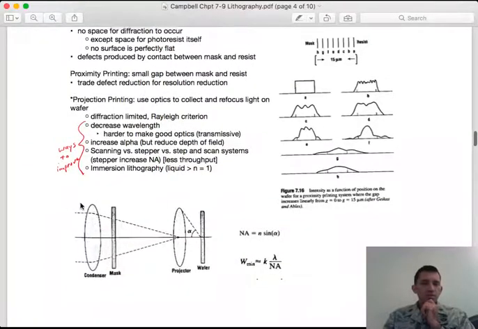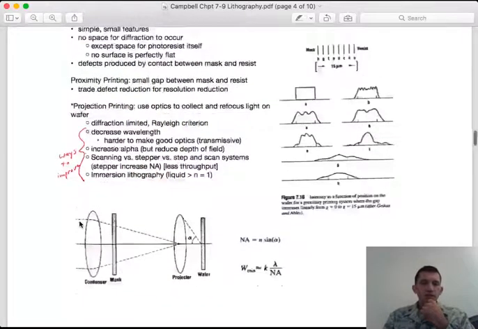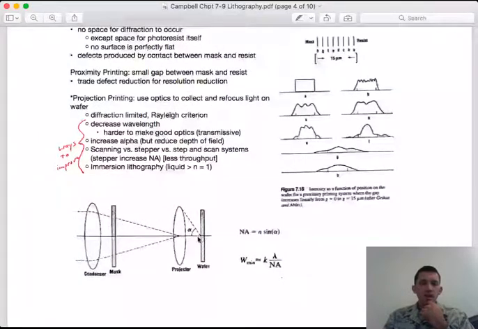These systems also make it a little bit easier to make the mask because they can have stepping functions. So let's say you had a wafer, and instead of exposing the whole surface at once, you just exposed, say, 1/4 of it.